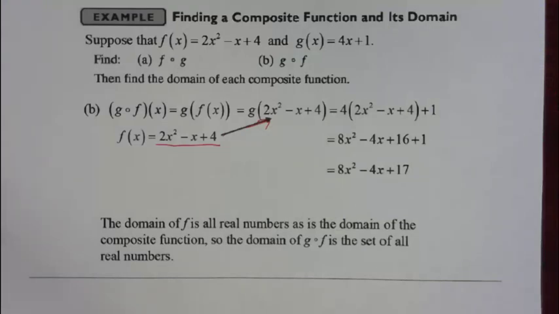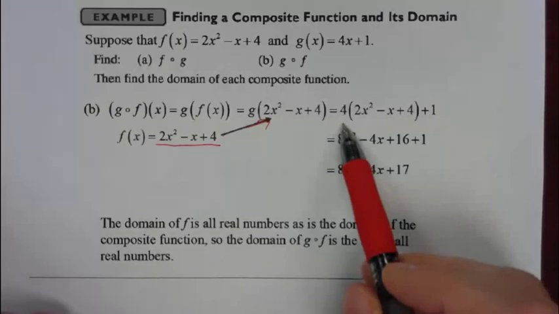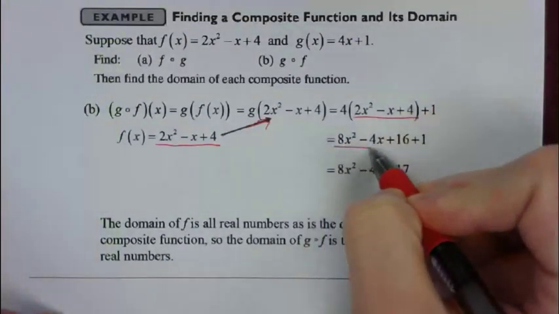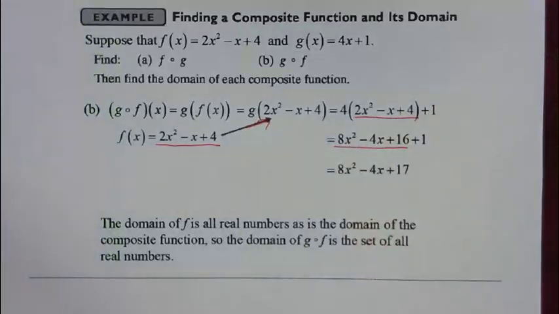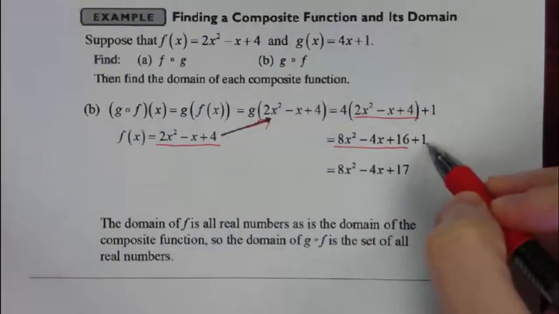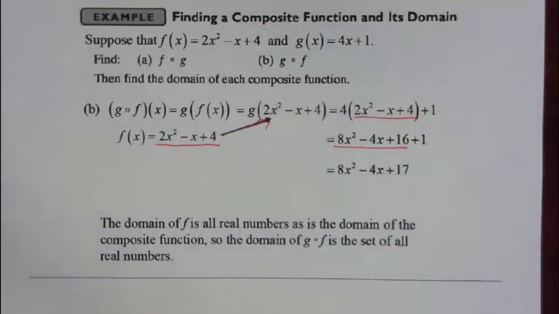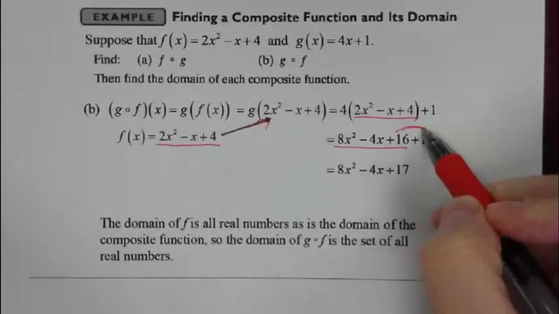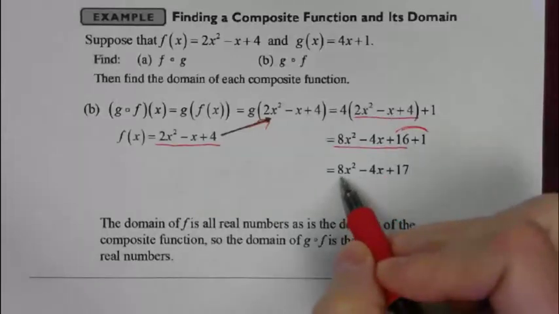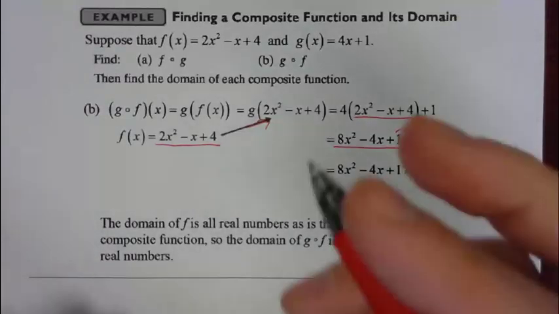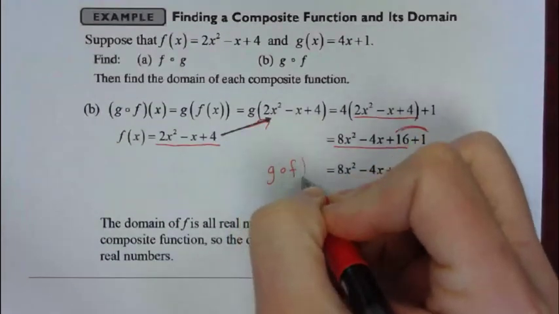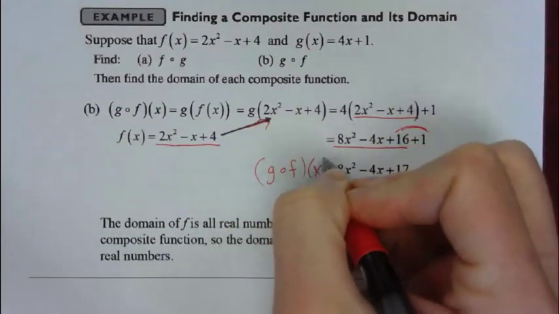I'm doing 4 times what f was right here, and that gives me 8x squared minus 4x plus 16, with the plus 1 at the end not being affected. All you have to do is put together the 16 and the 1 to get our answer right there. That equals g of f of x.